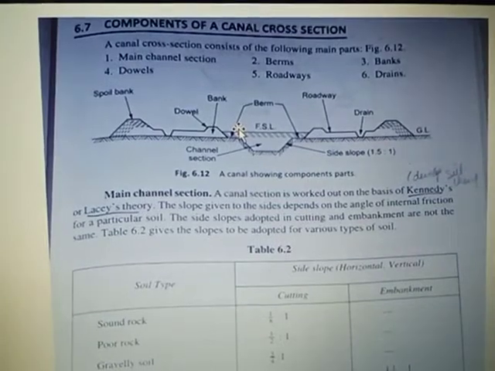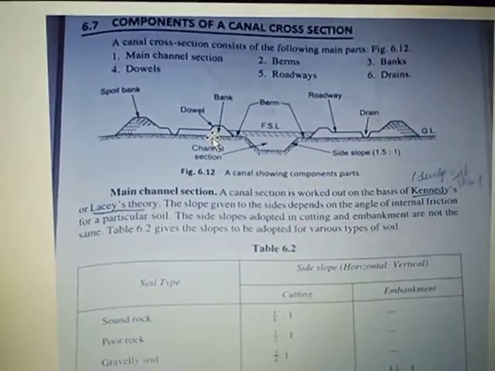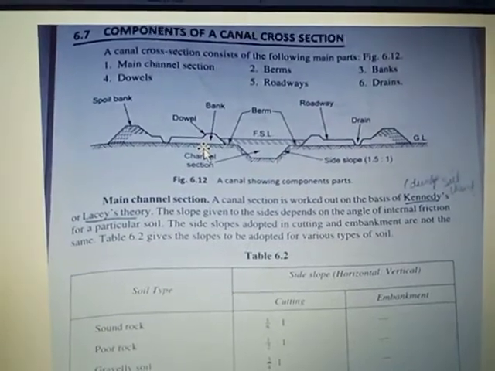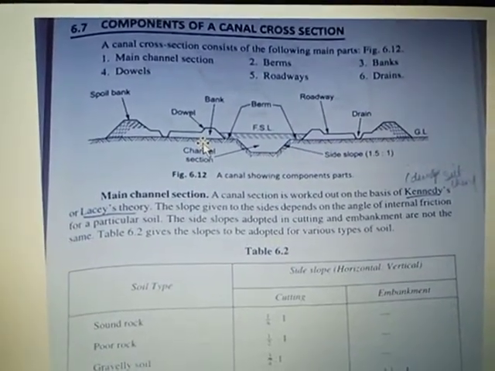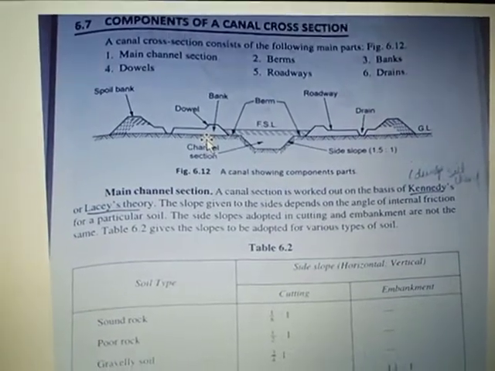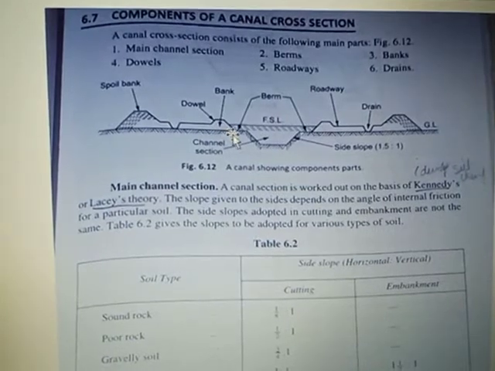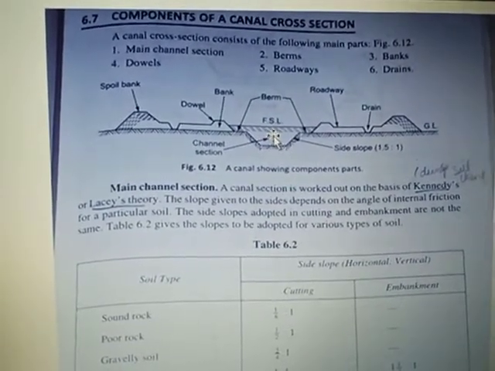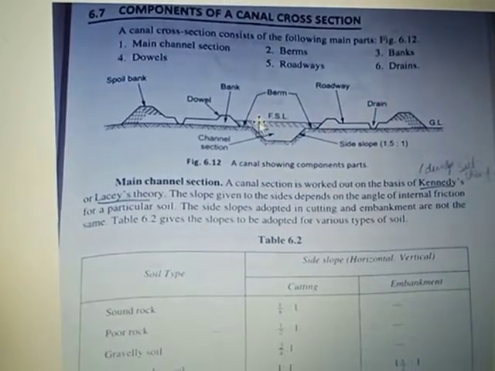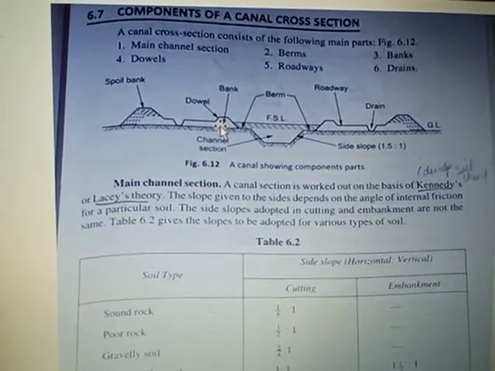All right. After the berms, next is the bank. These banks are generally kept above the normal supply level, and this FSL is the full supply level. The full supply level is here, near the middle of the height of the bank.